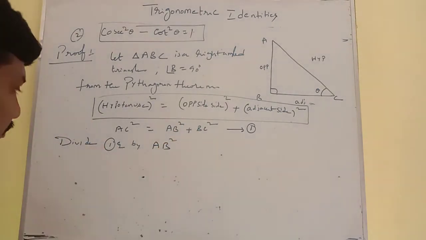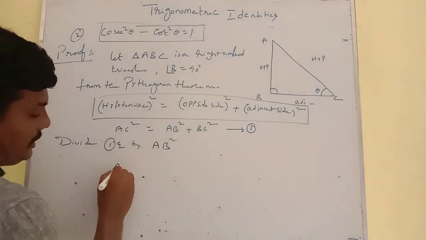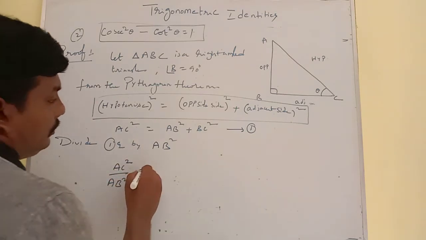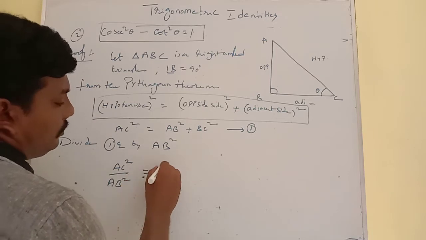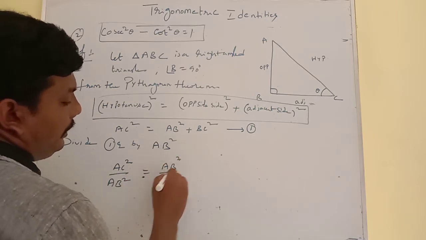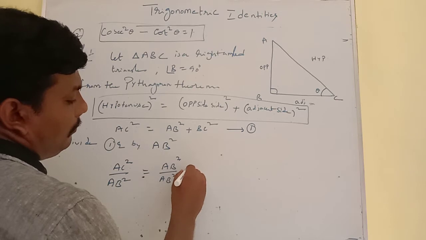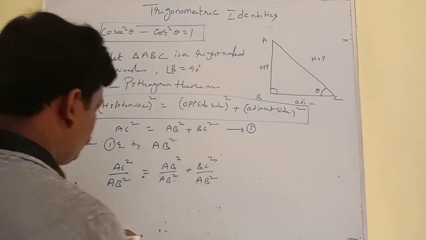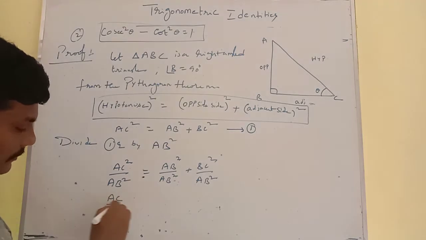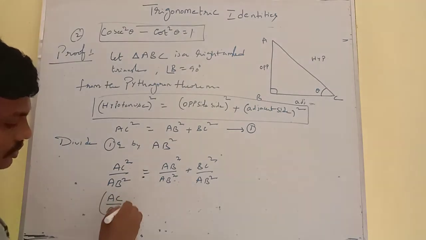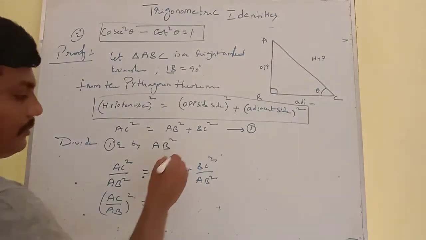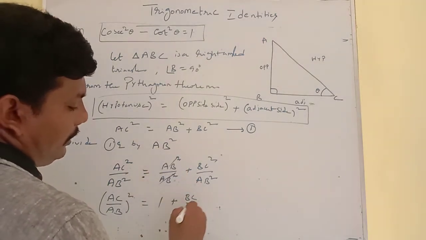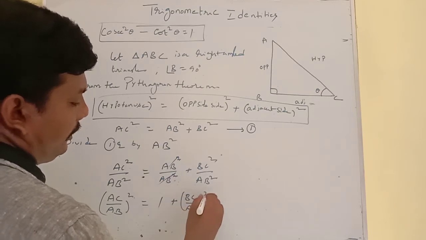For the first equation, let me consider: AC square by AB square is equal to AB square by AB square plus BC square by AB square. So AC by AB whole square is equal to, AB square gets removed, 1 plus BC by AB whole square.